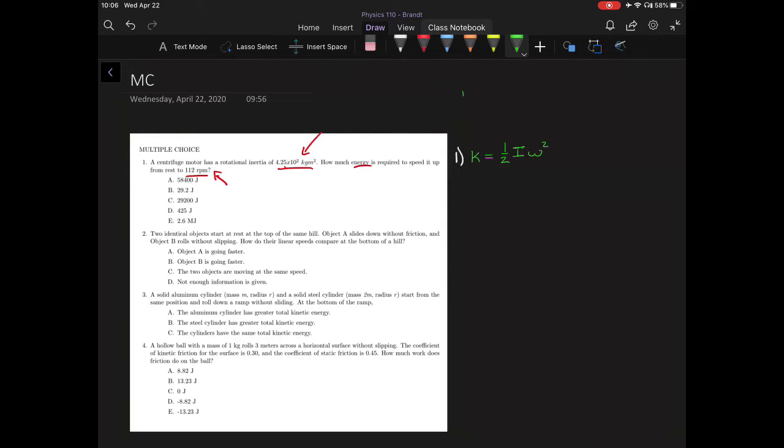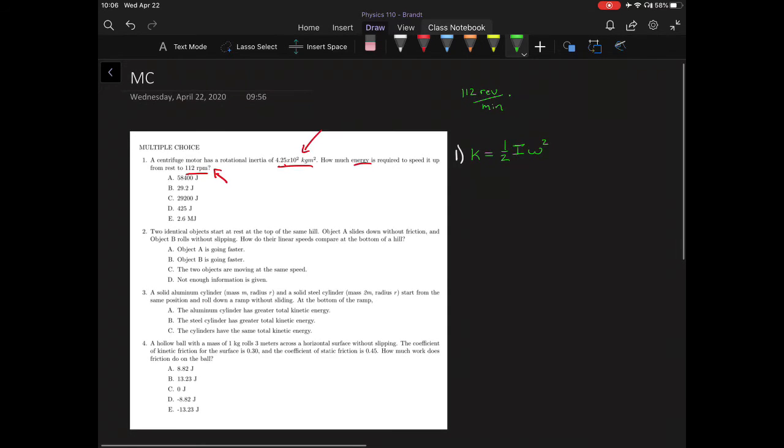So we have 112 revolutions per minute, and we have to convert this. So we have 2 pi radians per revolution, and then we have 1 minute is 60 seconds.